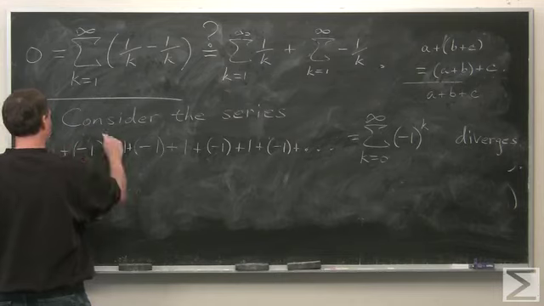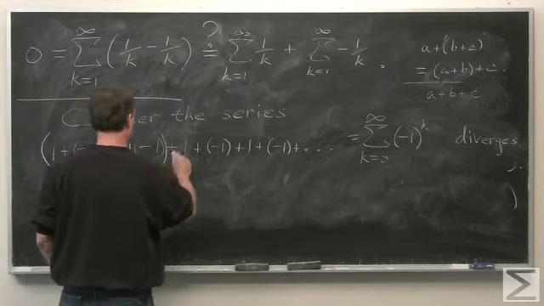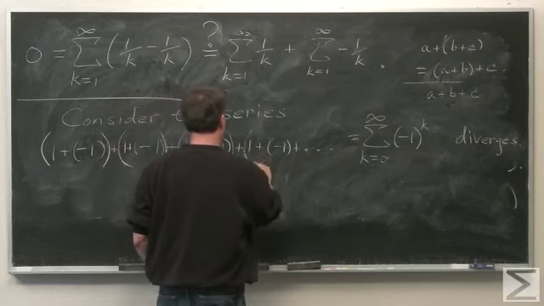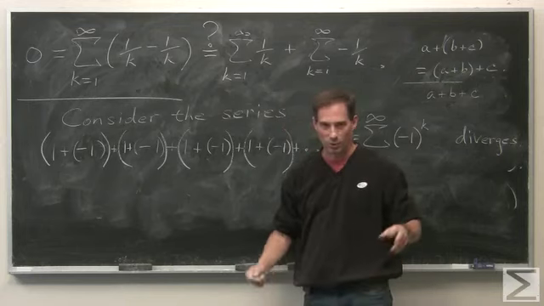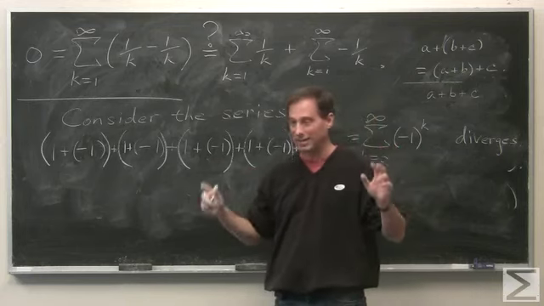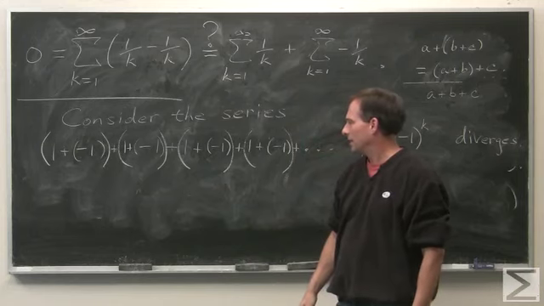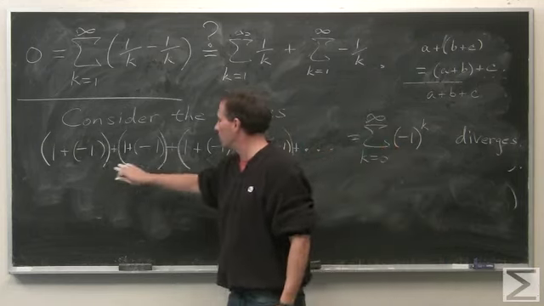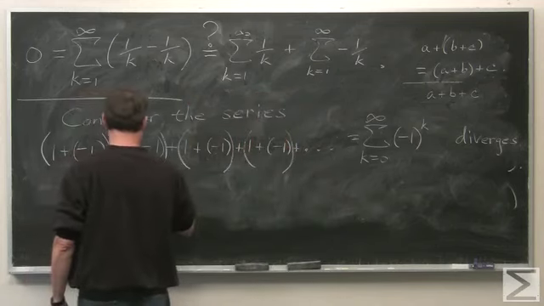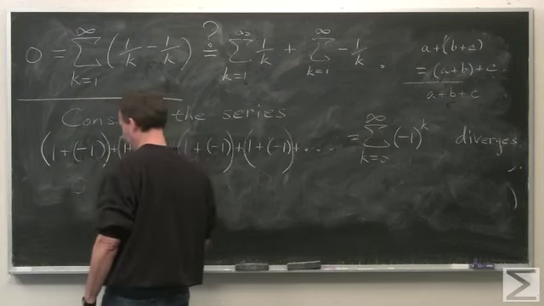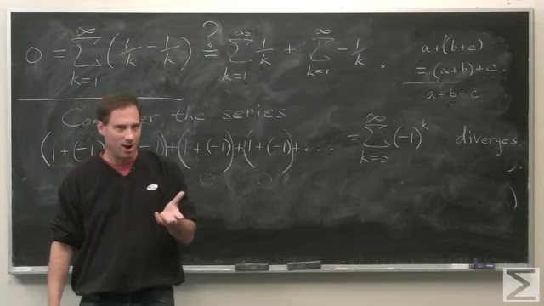But now I could stick in parentheses here. Suppose I look at the new series I get by grouping terms together. When it's written out like this, that's just by inserting parentheses. Well, then this is 0, this is 0, this is 0, this is 0. This series converges, and what it converges to is 0, right? So this is kind of scary.